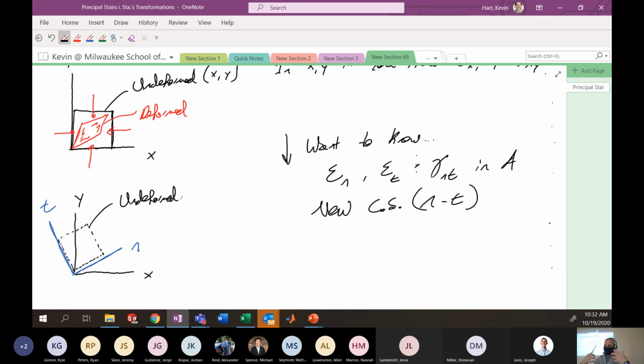The question is, how is that undeformed element in nt going to look given the same sort of strains that we might have seen in the XY coordinate system? So then how does it look? Let's do green. In sort of this new orientation.